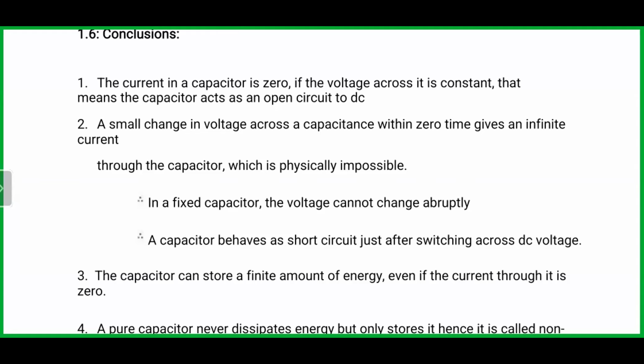For a polarized capacitor, you get zero current, because if the voltage is constant, there's nothing moving up and down. A capacitor only works on up and down movement, change in voltage. You understand it? Yes.